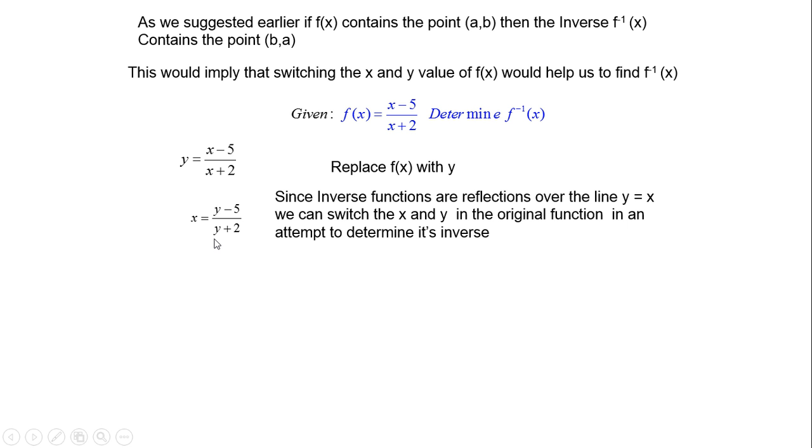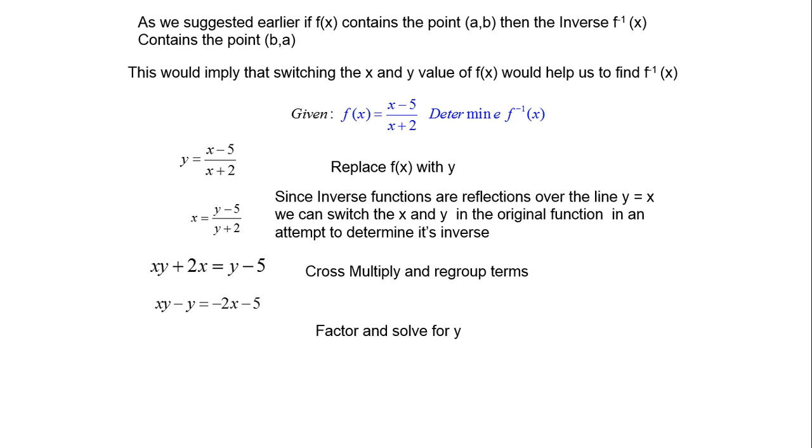And to do that, again, we're going to cross multiply, in which case we get x times y plus 2, or xy plus 2x. And again, we're trying to isolate y, so we're going to exchange the 2x and the y, positionally speaking, and that's going to give us this.